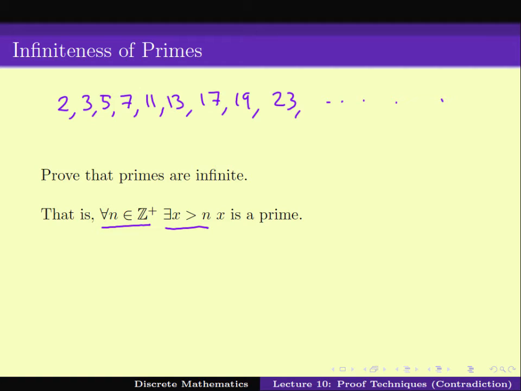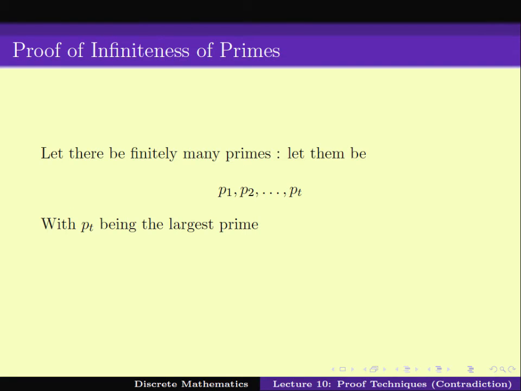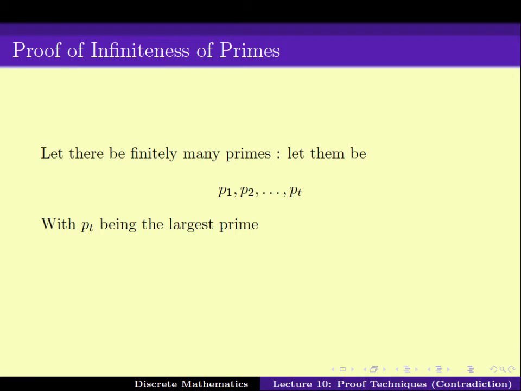Now, how do you prove this statement? How do you prove that the number of primes is indeed infinite? To prove that, we will prove it using contradiction. So, first of all, let's go back one step.